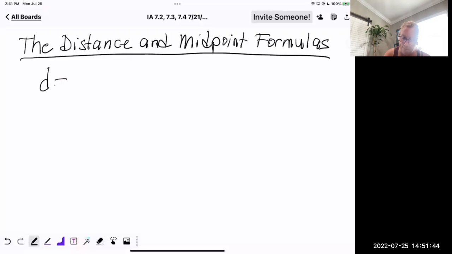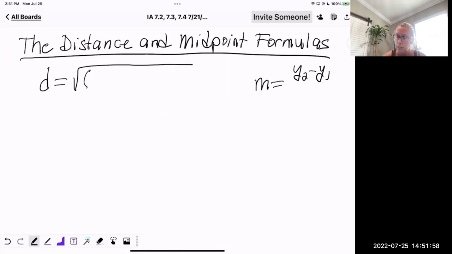Distance. It's going to look really familiar in a different kind of format. And every book is different. I do it a certain way. You know how slope is y2 minus y1 over x2 minus x1? This is very related because what's distance going to be? Ready?